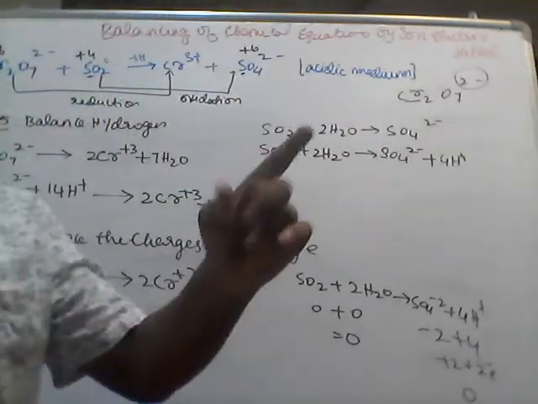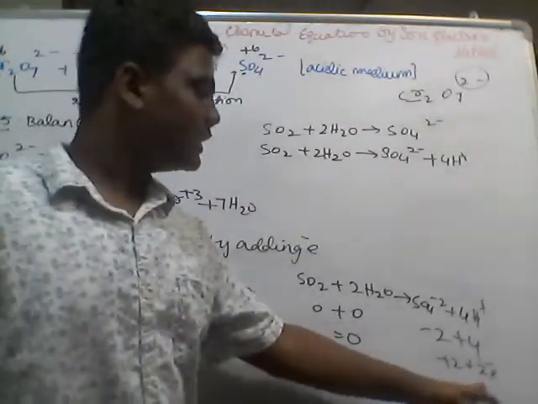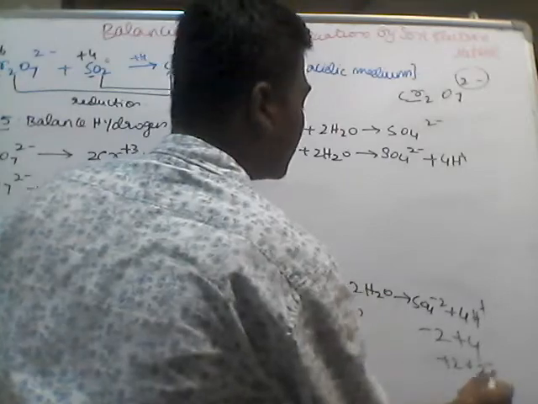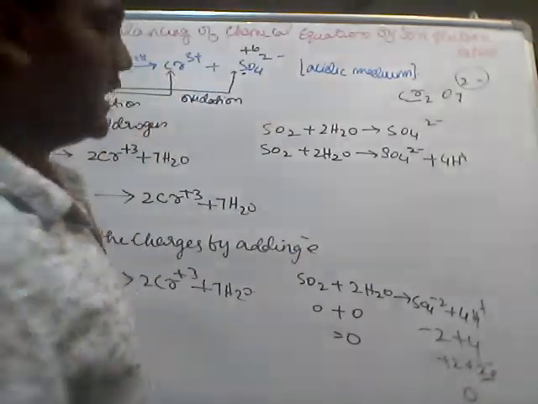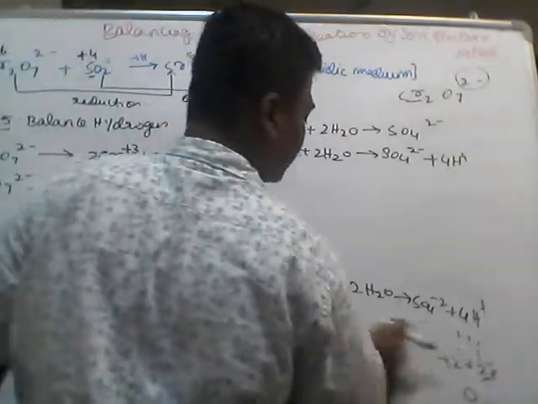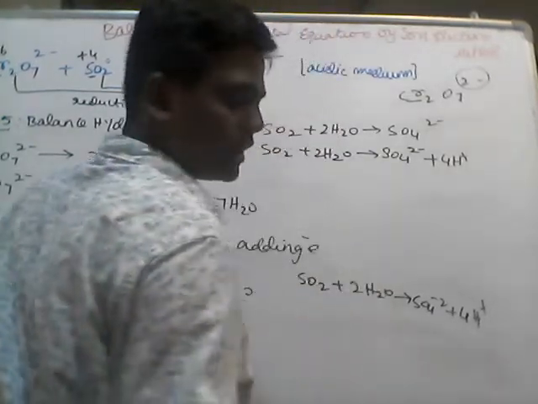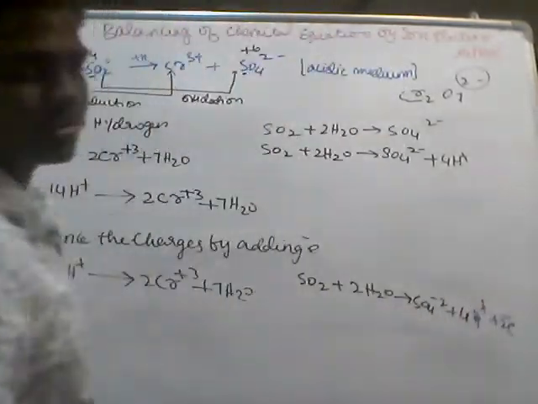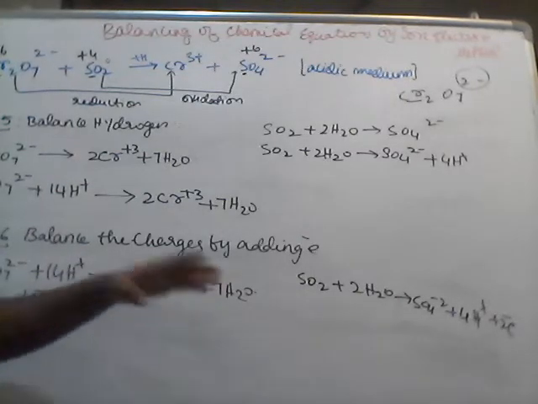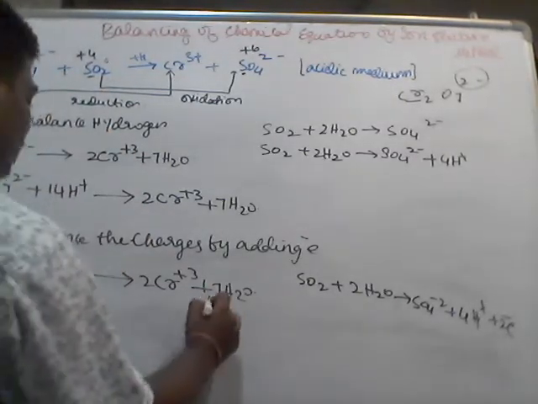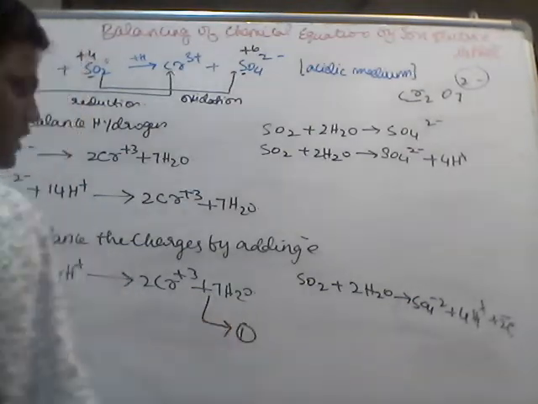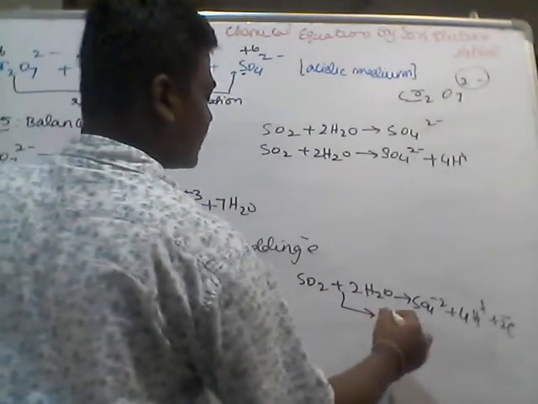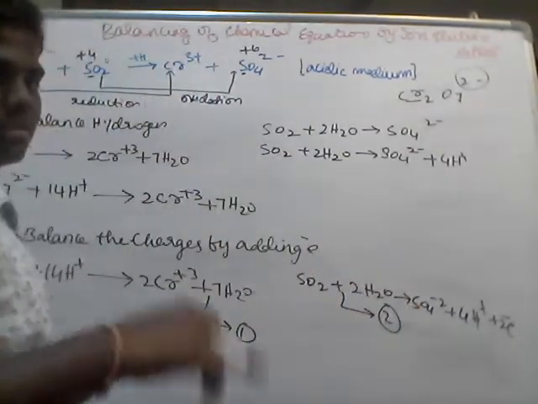Yes, plus 2 minus 2 is 0. So the need of 2 electrons is on the product side for the oxidation half. So we have to add here 2 electrons. Done. Charges are balanced. Now this I am calling the first equation. This I am calling the second equation.